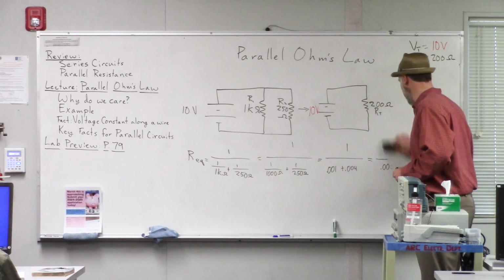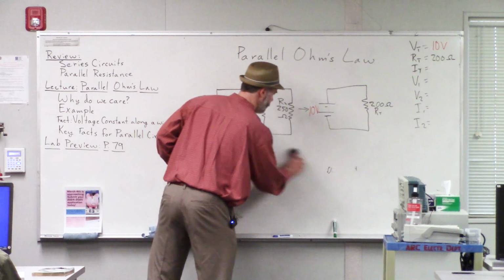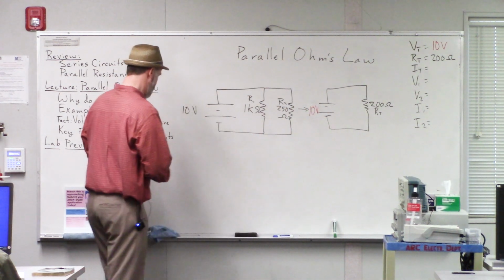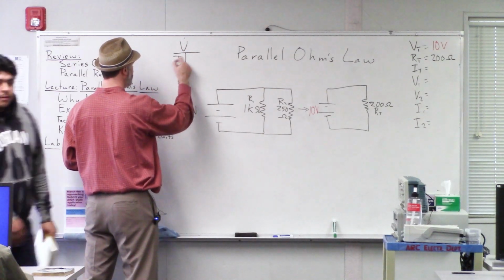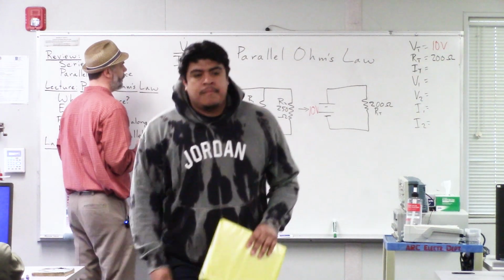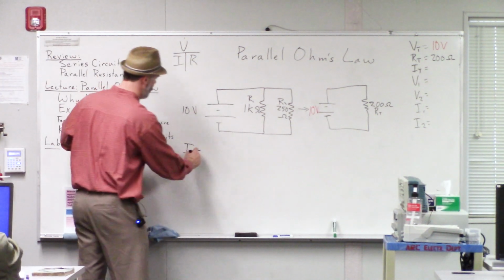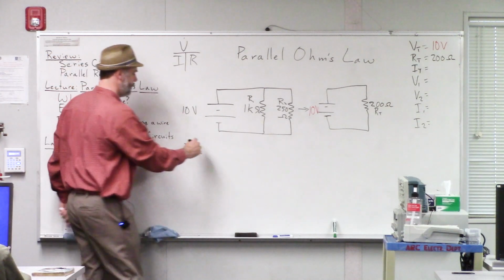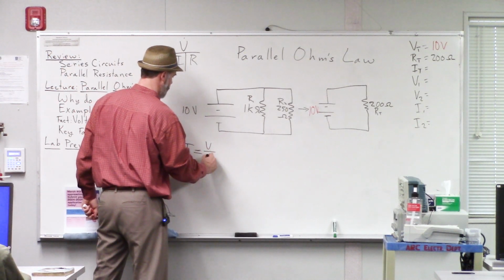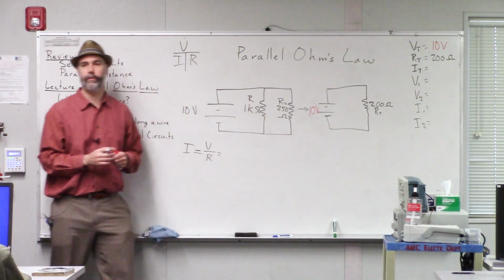So let's take a look at that. So remember, Ohm's law is like this. We've got V, I, and R. So if we want to figure out one, we write down what it is. So we want to figure out the current here. So we write down I equals, and then we cover that up, and we see that it's V over R. So in this case, what's our total voltage? 10 volts.